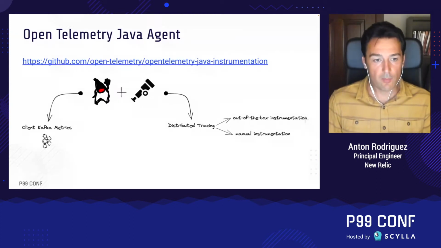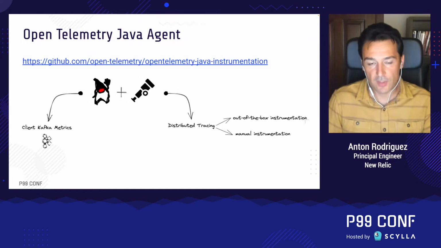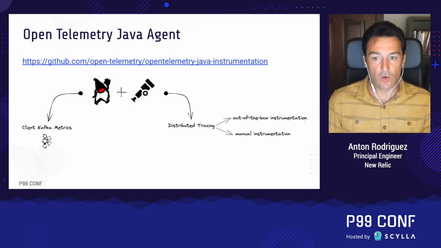And this is almost like magic. We add it to our application, it's able to identify what we are using and to generate both things, the metrics and the traces. So it's really very powerful because it provides a lot of information out of the box.